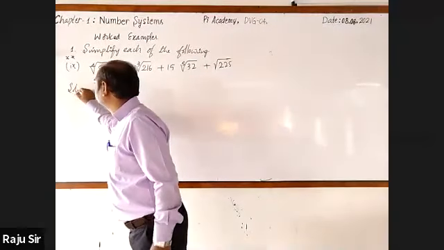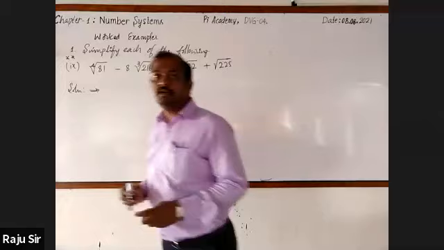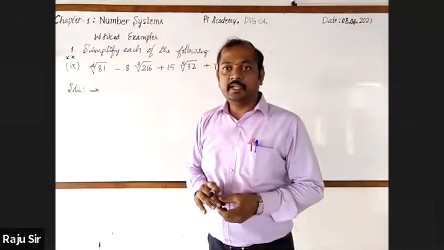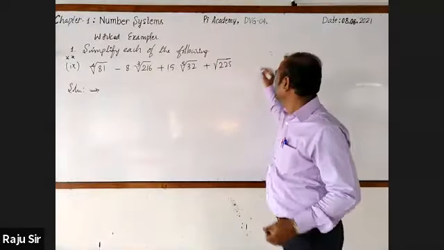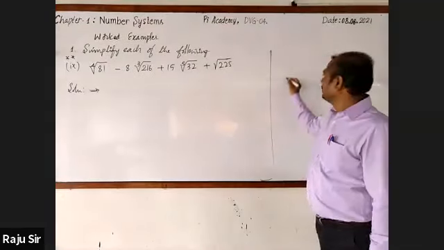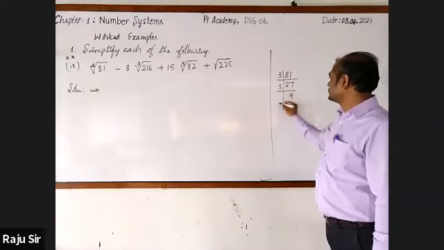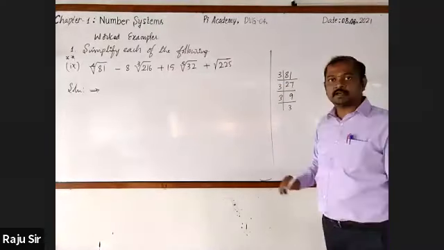Could you tell me the 4th root of 81? Just look here. 81: 3 into 27, 3 into 9, 3 into 3, 3 into 1.